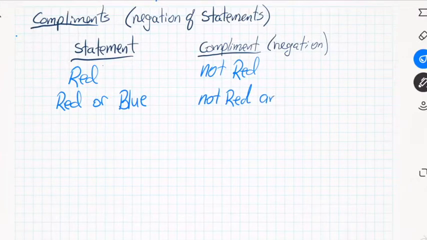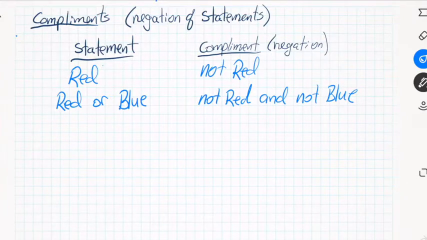The or actually turns into an and, then this is not blue. So if you have or on one side, it turns into and for the complement side. If you have positive red and positive blue, then it becomes not red and not blue on the other side.